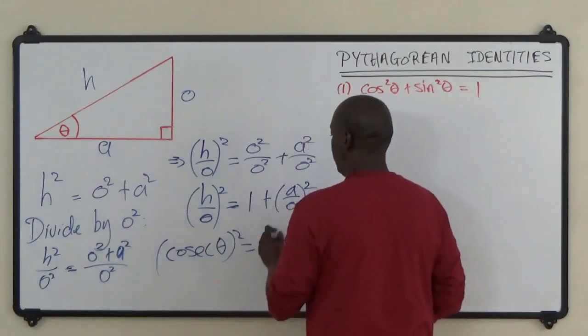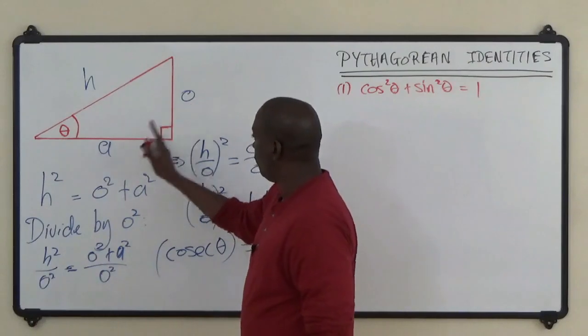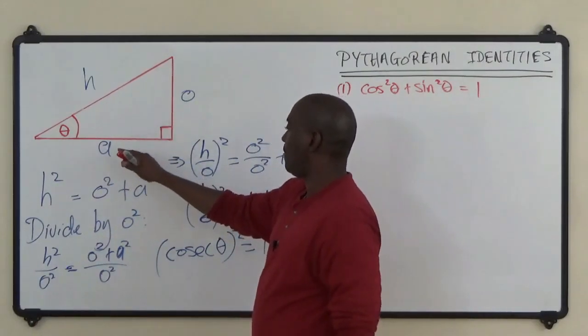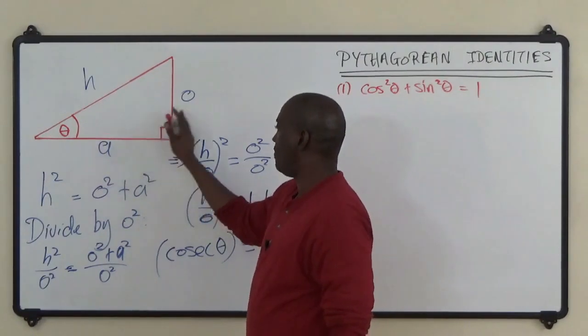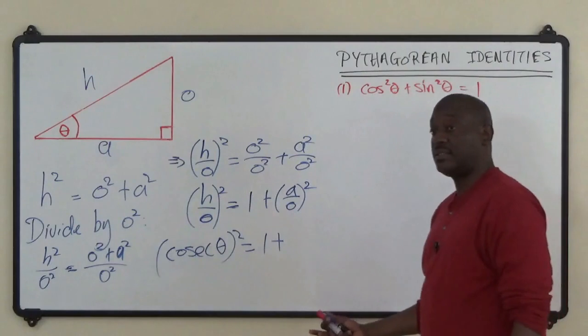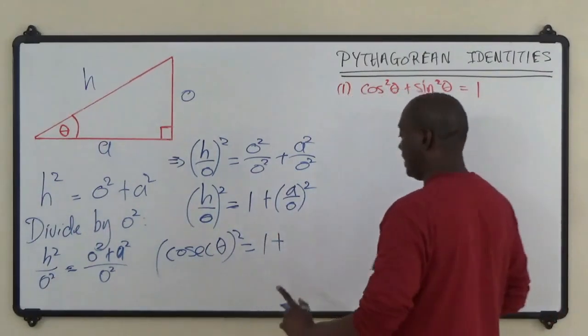squared is equal to 1 plus, and a over o, we know that o over a is tan theta, opposite over adjacent, so a over o would be something else, which is 1 over tan theta, which is equal to cot theta, cotan, right?